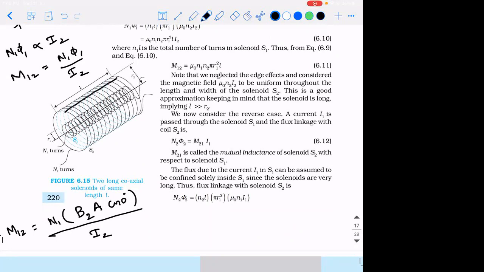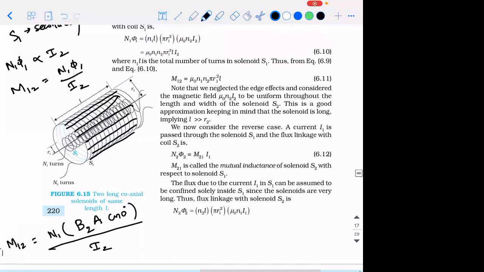So there is going to be magnetic field throughout. Throughout whom? Throughout the bigger coil. But when I say phi 1, what do I mean by phi 1? Guys, I need an answer. Phi 1 is the flux linked with S1.